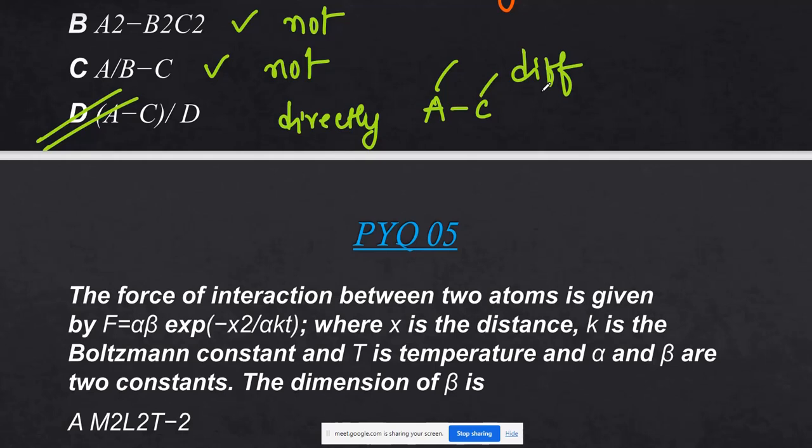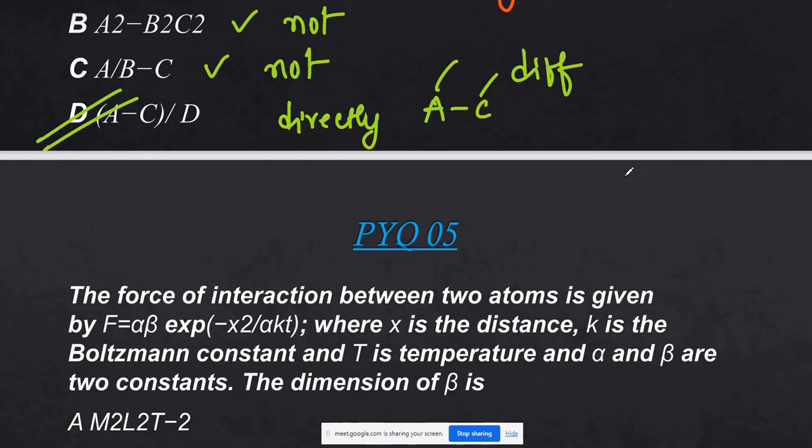Okay, ma'am. Why are you saying this? Because according to the principle of homogeneity, direct addition, direct subtraction can be done only if they are having the same dimensions. Simple, Sahiti, you can do 2 meters plus 3 meters, but you cannot do 2 meters plus 5 seconds, right? Meters and seconds cannot be added.